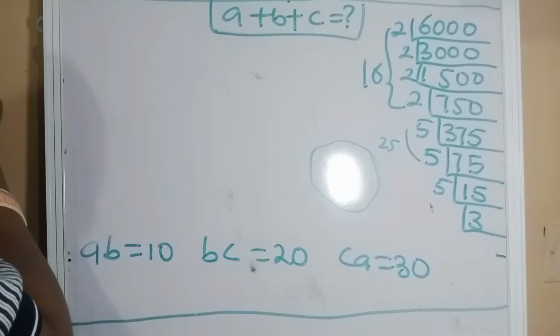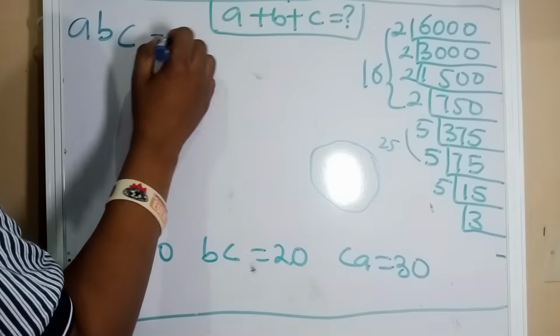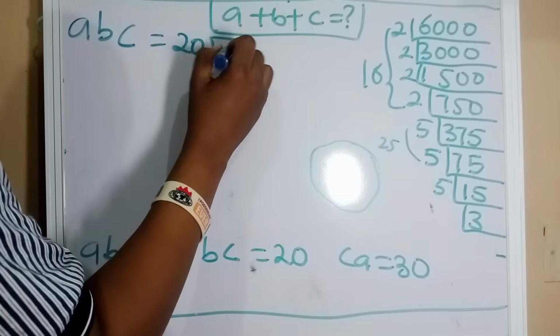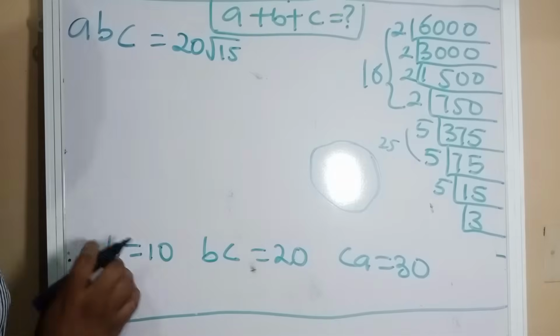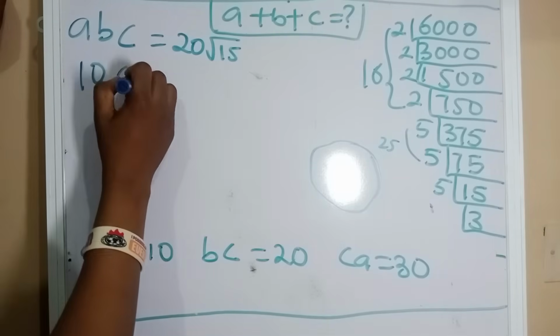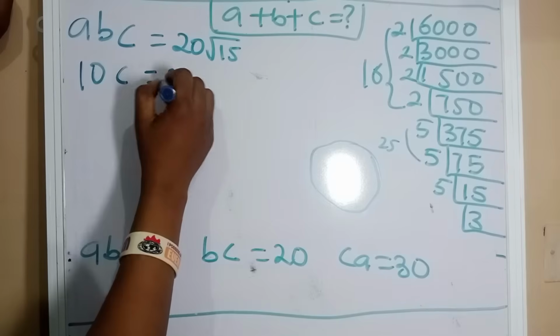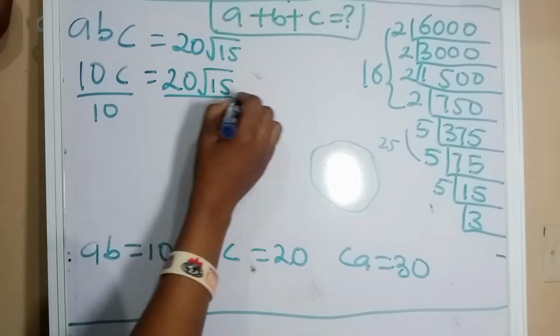Okay, remember our final step got us ABC equal to 20 root 15. Alright, so inputting AB as 10, we have 10C equals 20 root 15. We divide both sides by 10.